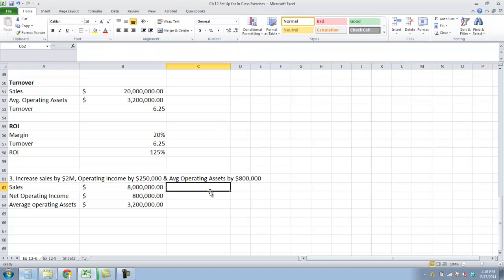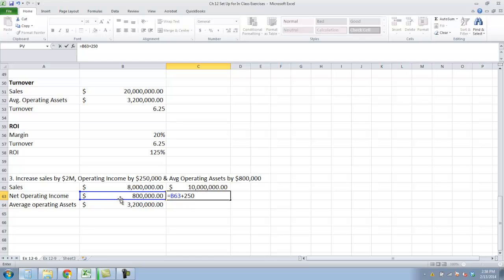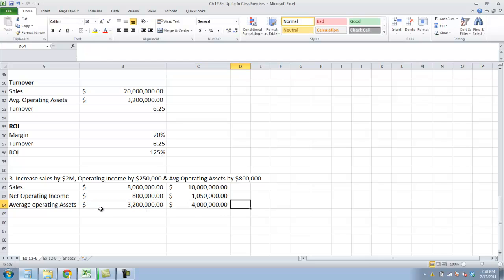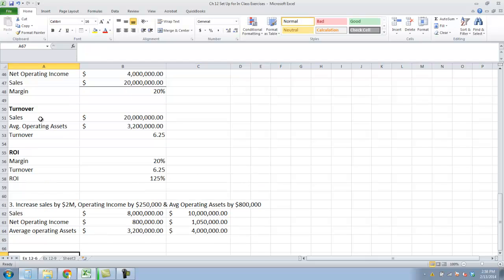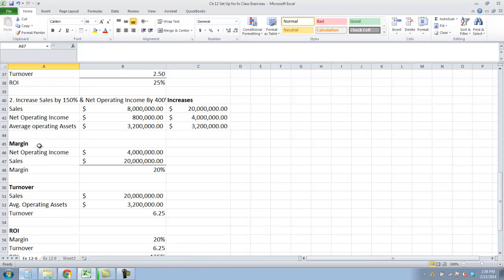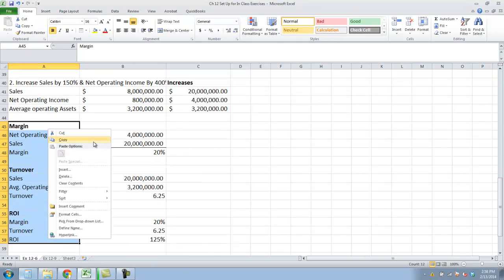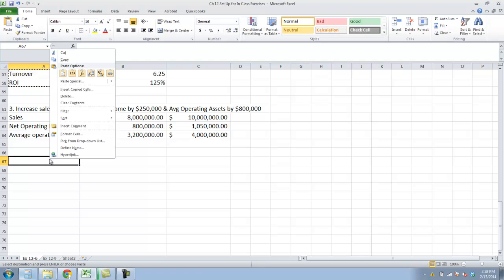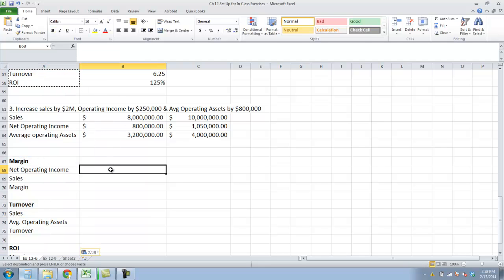Okay. Equals sales plus 2 million equals this plus 250,000 and equals this plus 800,000. Alright, now I'm going to copy my formulas because they don't change. I'm going to paste them right down here. And now we're going to use our new numbers.